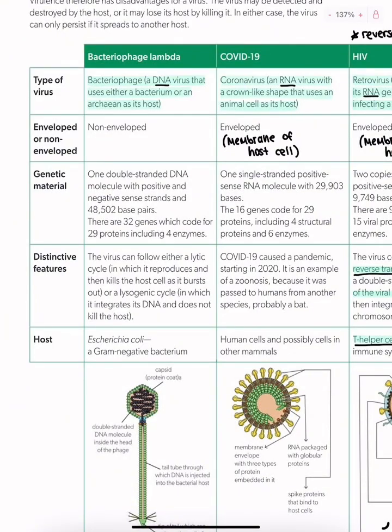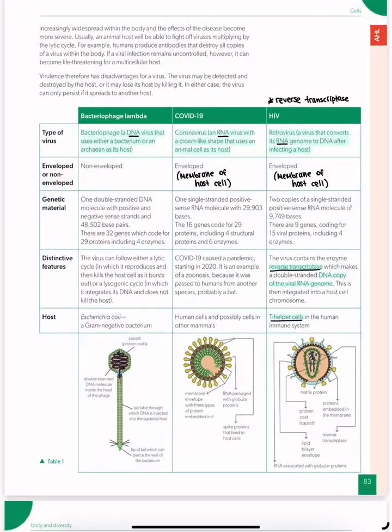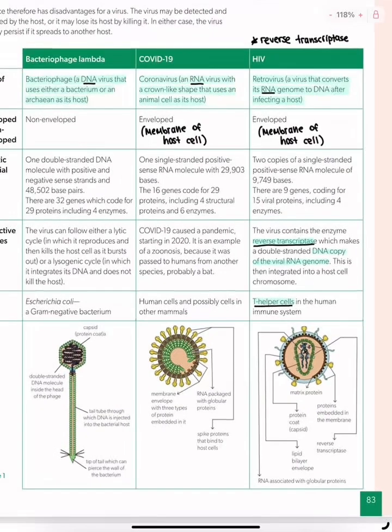The distinctive feature of bacteriophage lambda is that it can follow either a lytic cycle in which it reproduces and then kills the host cell as it bursts out, or a lysogenic cycle in which it integrates its DNA and does not kill the host.